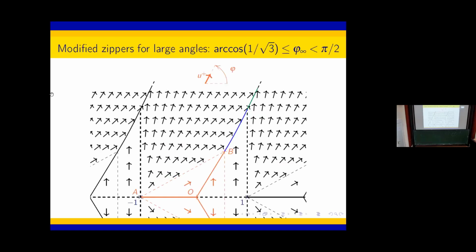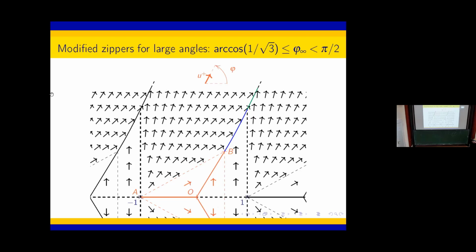So we modify the construction in this region and put a triangle there: at the point where the angle is exactly pi/6, we stop the vortex and replace it by something constant with the same angle.